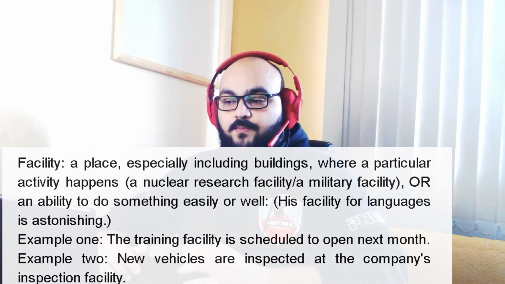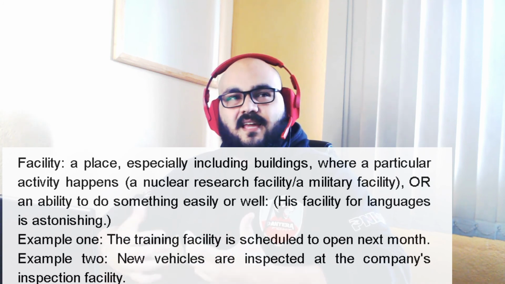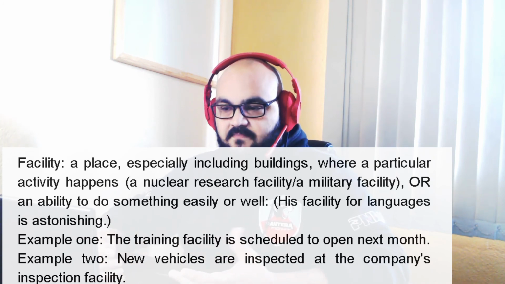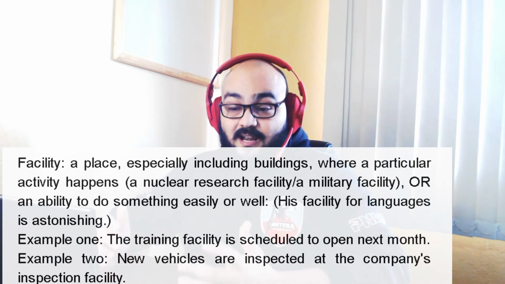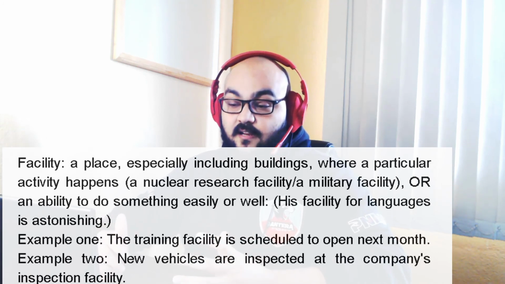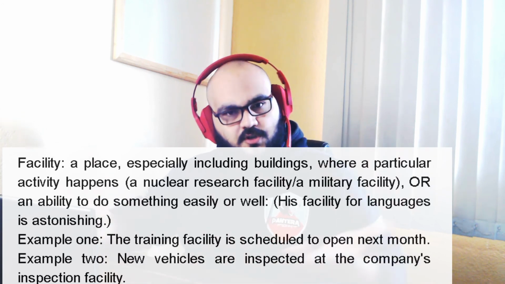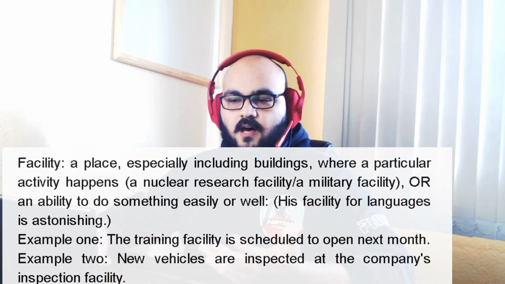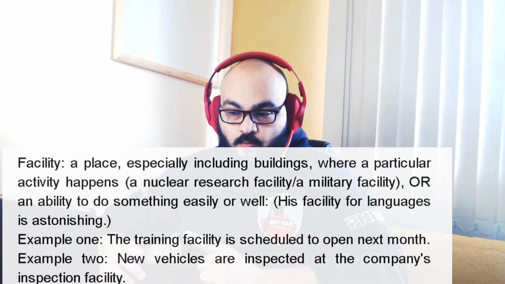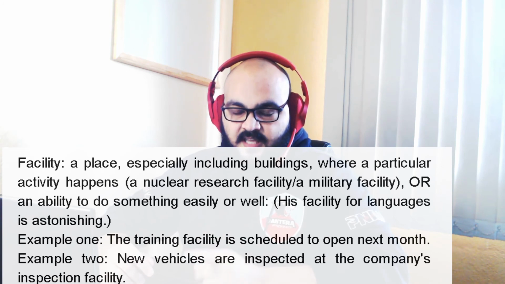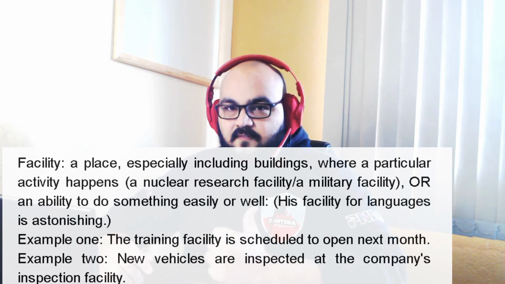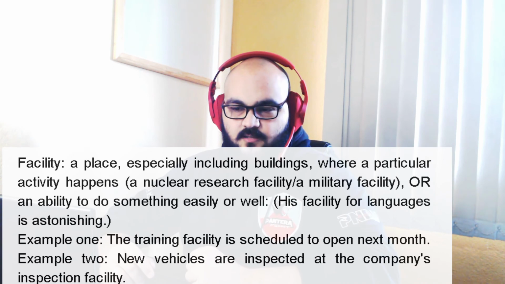The other meaning would be an ability to do something easily and well, for example, his facility for languages is astonishing. But that's not the meaning we want to use here, because we're talking about buildings. So what we are going to see in the examples is the first meaning of the word.